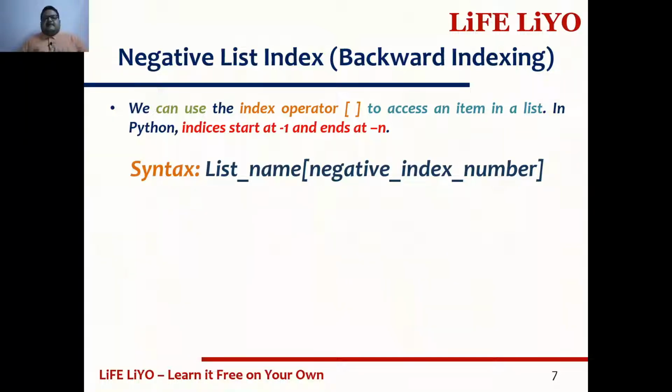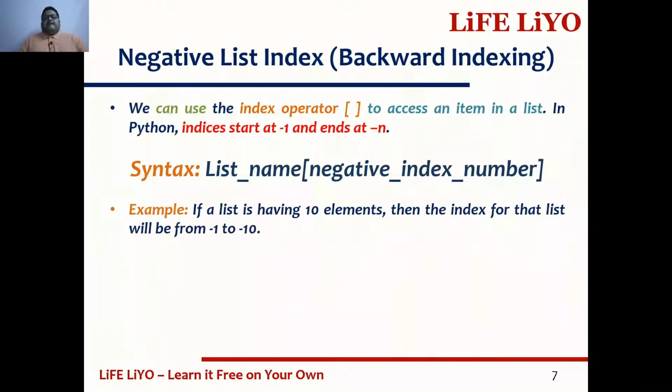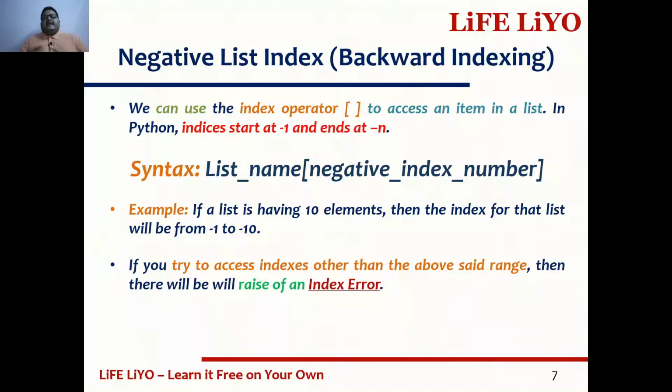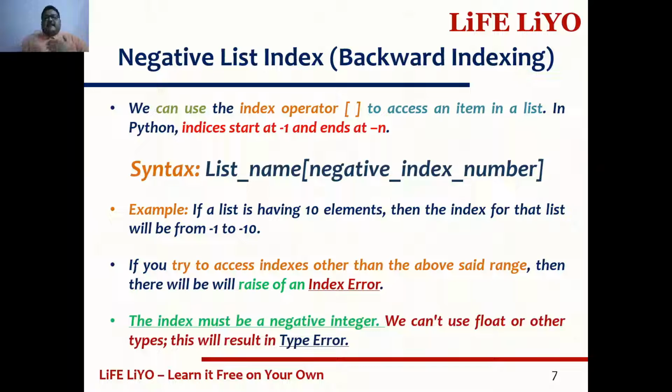For example, if you have 10 elements in our list, then the indexes allocated will start at minus 1 and end at minus 10. The remaining things are the same. If you try to access indexes other than the above said range, you are going to get the index error. Here we have to use a negative number, and we can't use float or other types.